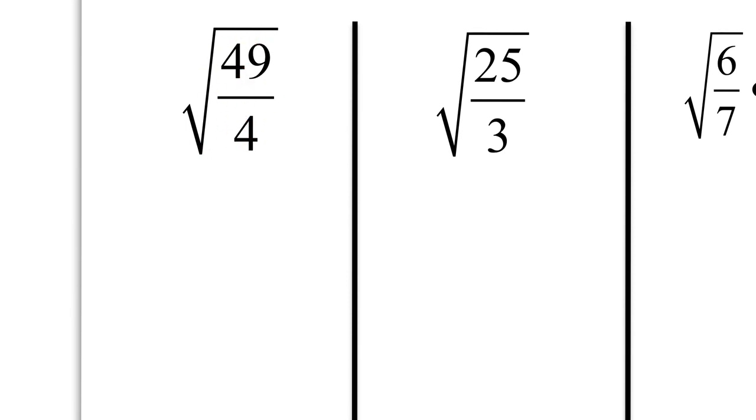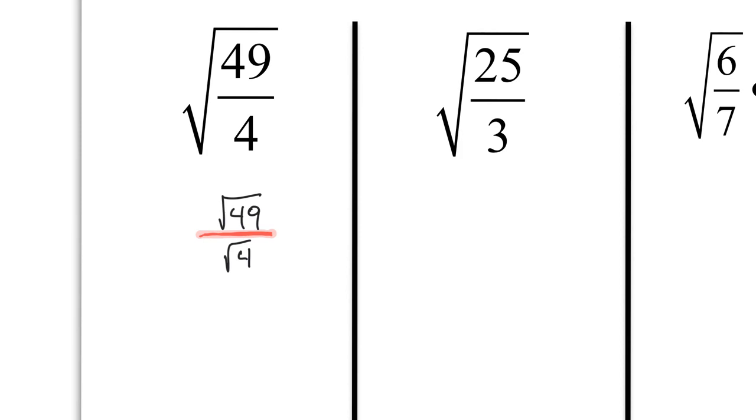Since the fraction is inside of the radical, I am going to make one fraction right here, and in the fraction, I'm going to separate the numerator and the denominator with its own radical. So on top, I'm going to have the square root of 49, and on the bottom, the square root of 4. 49 is a perfect square number because 7 squared is 49.